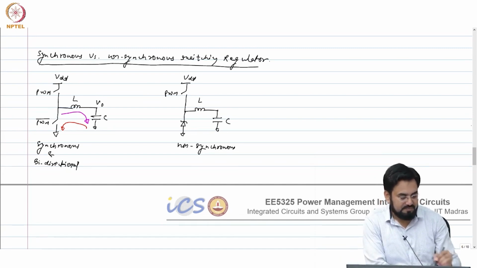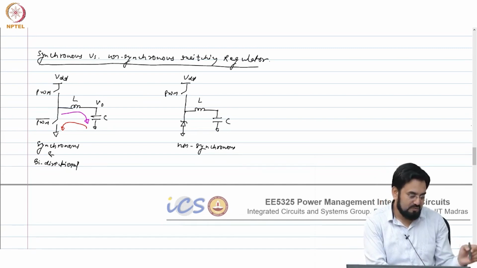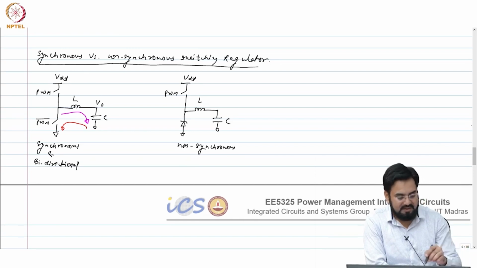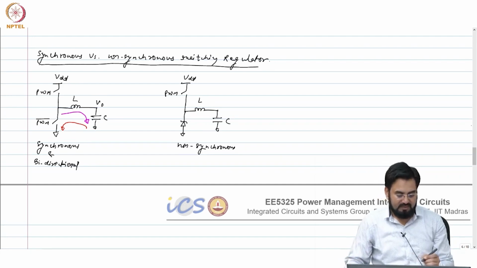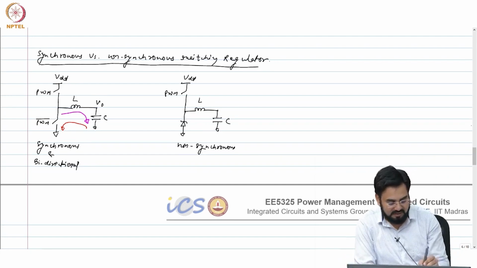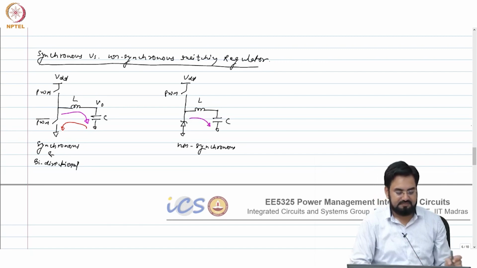So, current can go from V out to ground and VDD, as well as VDD and ground to V out. In this case, current will only flow in one direction.